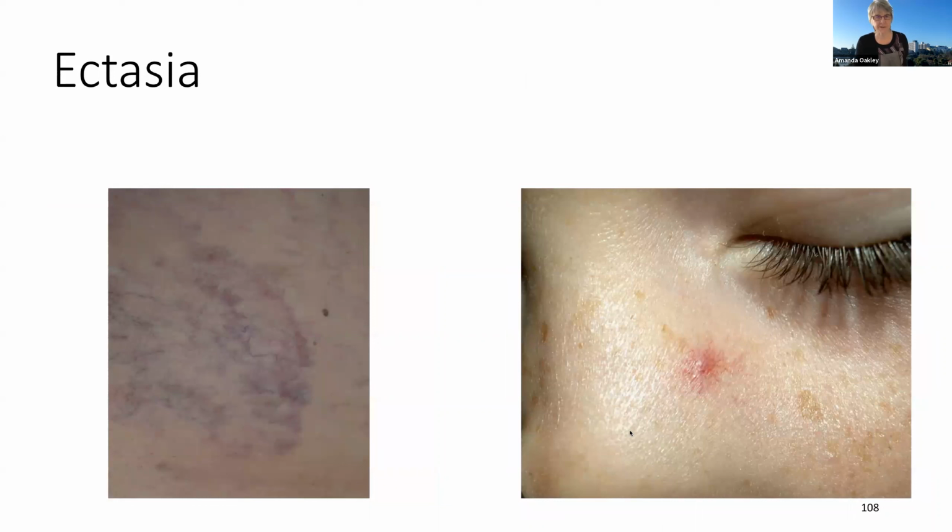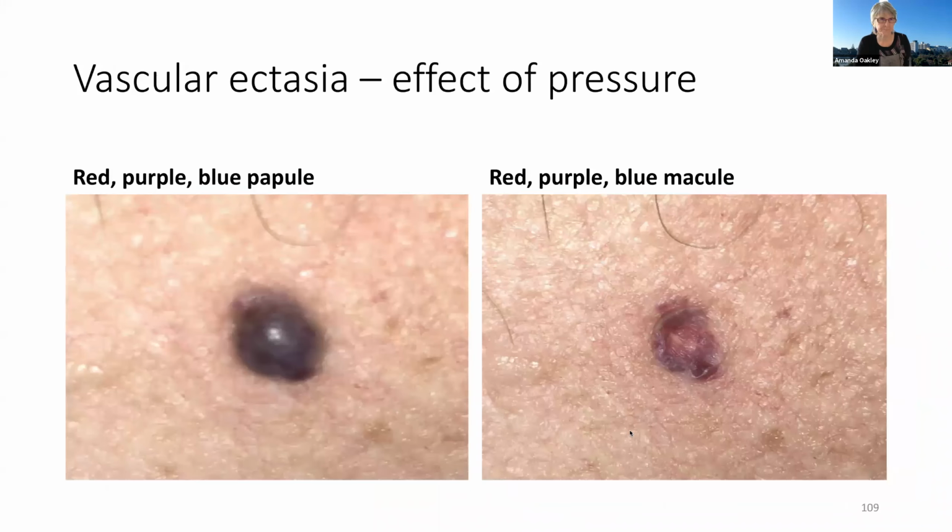Ectasias, where the vessels are dilated, can be red due to capillary ectasia or telangiectasia, or blue due to venule ectasia, slightly larger vessels. In this case, an apparent papule can be squashed out by pressing on it, showing that it's not a proliferative lesion.